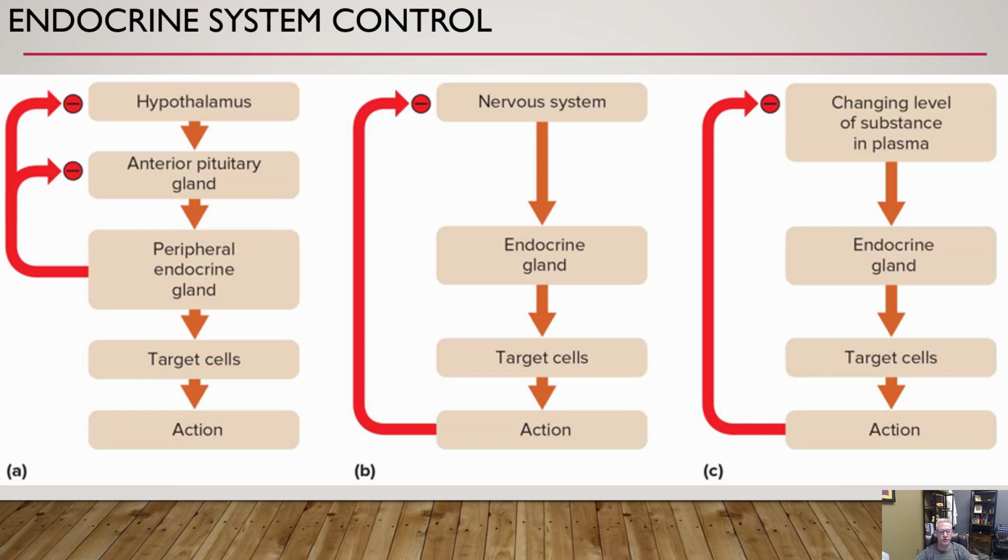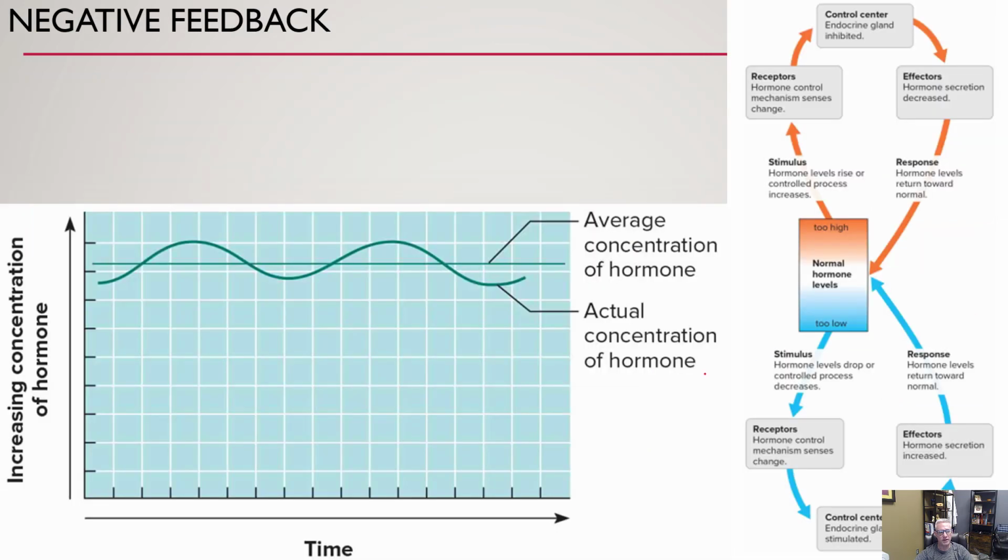In that third example, the changing level of a substance in the plasma stimulates the endocrine gland secretion that reaches the target cell to act, and that action can inhibit the stimulation by the nervous system. So all of these are negative feedback loops. Here you can see the average concentration of the hormone is stable.